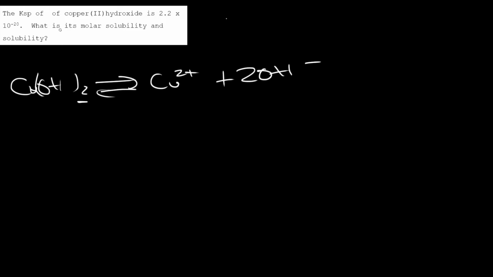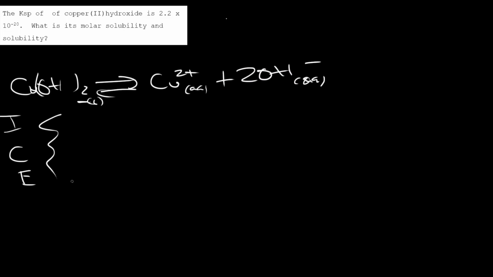We're given a Ksp value, so how exactly would I go about solving this? Remember that the Cu(OH)2 is a solid, and these are both aqueous. In general, solids don't show up in the ICE table.